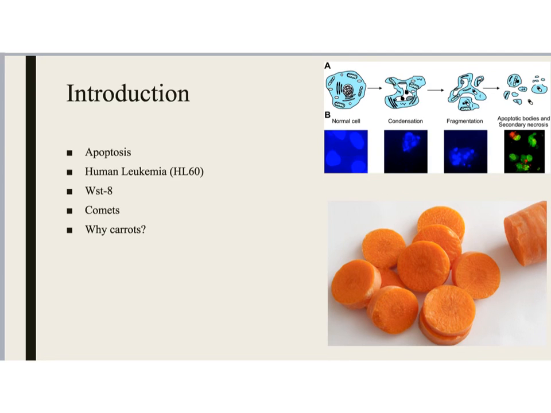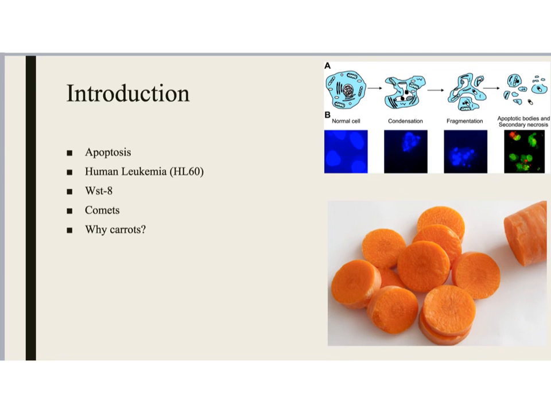So apoptosis is the death of cells that occurs as a normal and controlled part of an organism's growth or development. So this would show signs of blebbing, shrinkage of cell, and fragmentation.